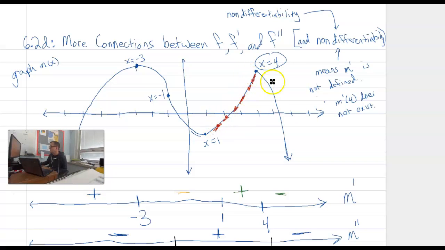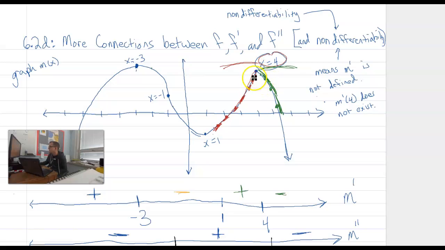So as I approach this point 4 from the left side, as I get closer and closer to 4 from the left side, I'm getting a tangent line that is getting to be more and more positive. But as I approach 4 from the other side, the right side, here is a tangent line that's got a negative slope. That's a downhill slope. As I get closer to 4, it's a downhill slope. As I get closer to 4, less downhill, but still downhill.